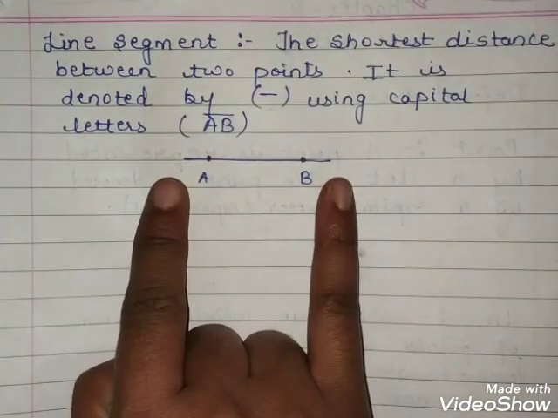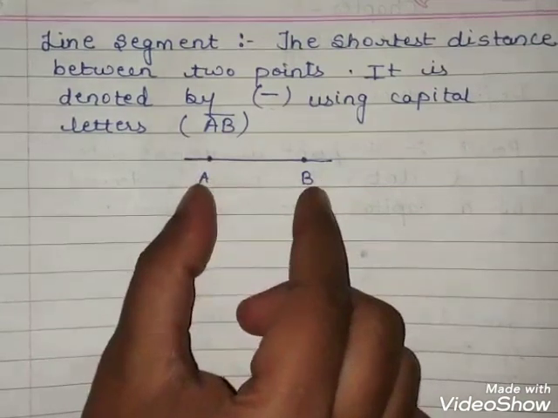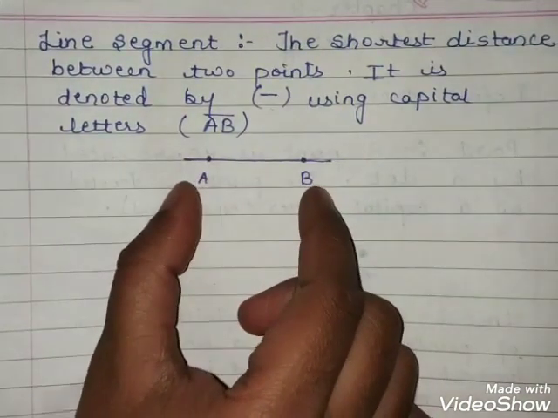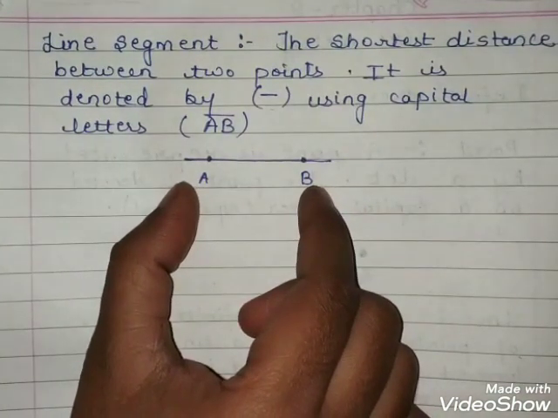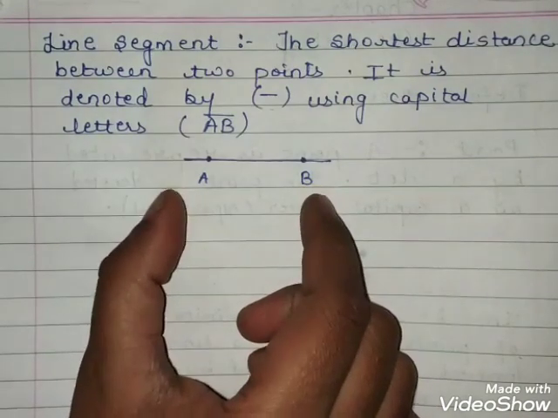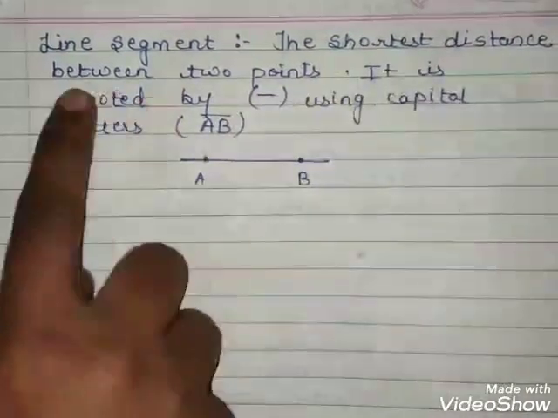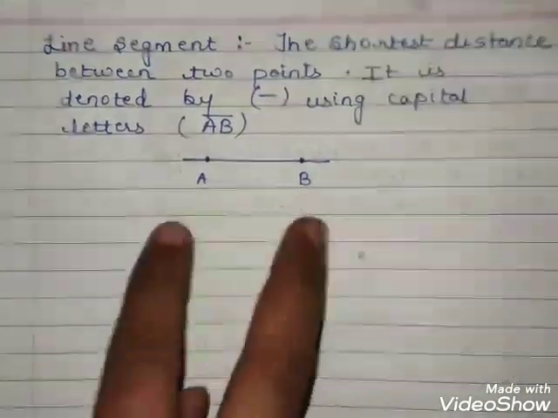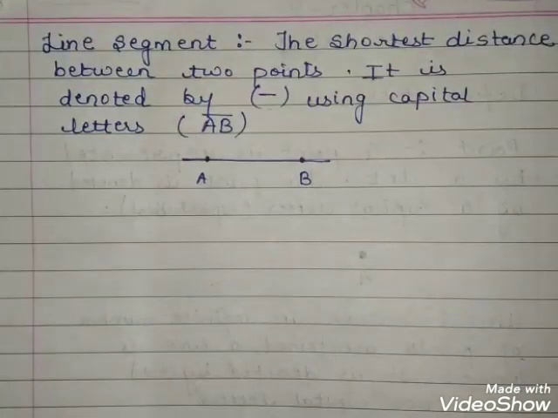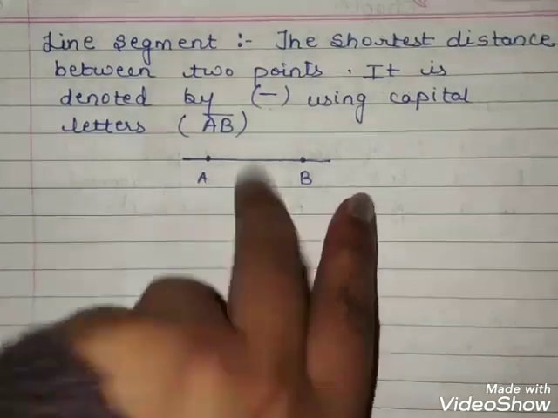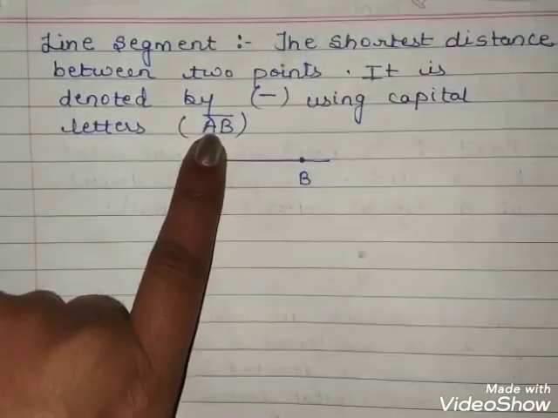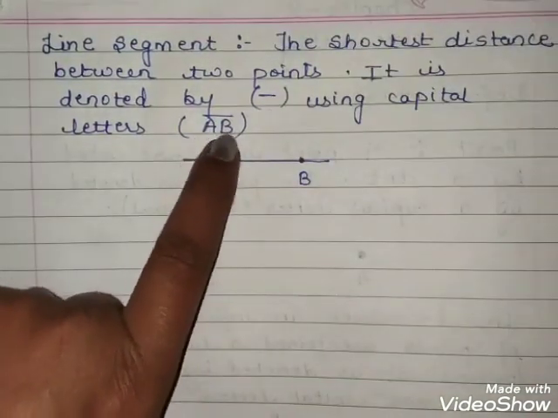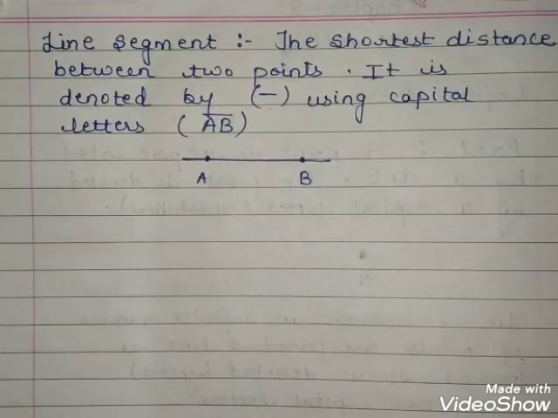No. Right? ये जो AB है ये एक fixed part है line का. So line segment is the shortest distance between two points and it is a fixed distance, means it cannot increase. ठीक है? Therefore, the symbol is like this, means there is one dash above these two letters.